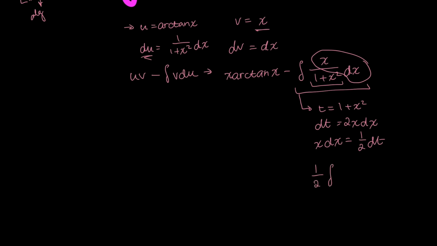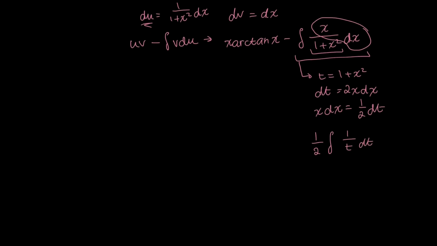So 1/2 of the integral of 1 over t dt, and now this is much easier to integrate. The integral of 1 over t is just ln t, and don't forget that 1/2. Then sub in what t was: 1/2 ln of 1 plus x squared.